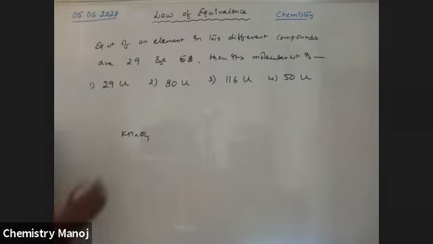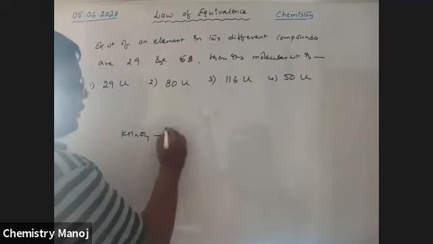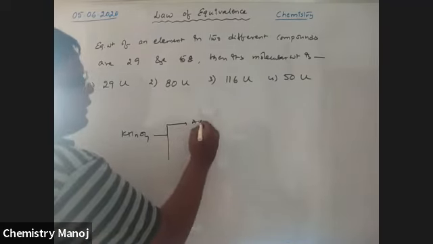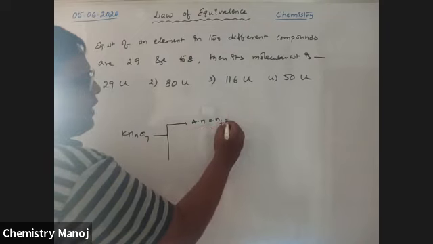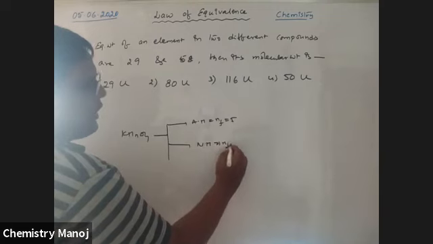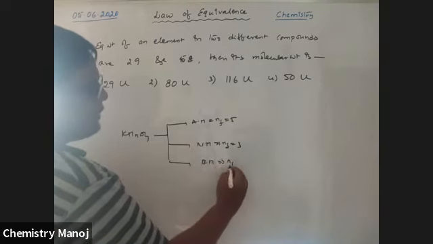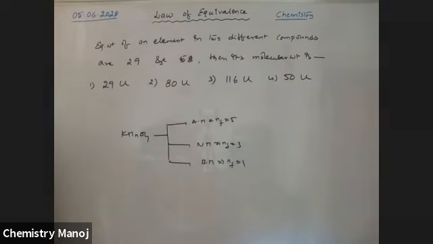I don't give the answer for that one. So an example is given to you, KMnO4. In acidic medium, the N factor is equal to 5. In neutral medium, the N factor is equal to 3. In basic medium, the N factor is equal to 1.